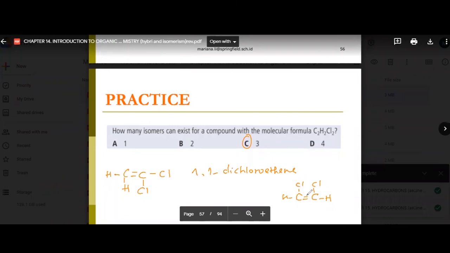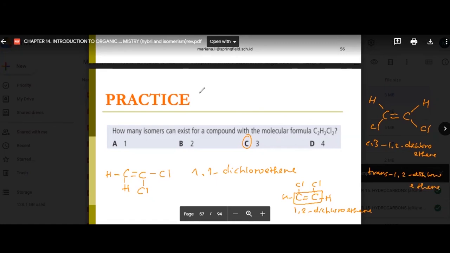Okay, if you see clearly, for 1,2-dichloroethene there is a cis trans isomerism, right? So we can draw like this. Since the C double bond is connected to two different groups, H and Cl, we can draw cis-1,2-dichloroethene and trans-1,2-dichloroethene.